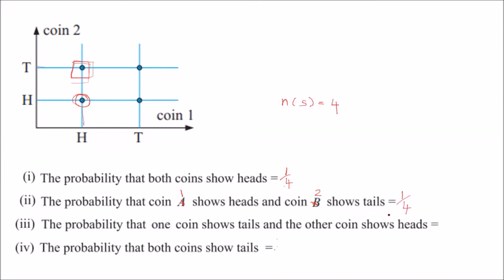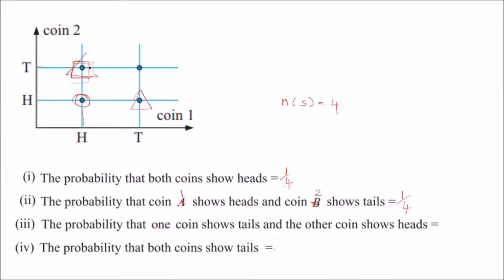Next one, the probability that one coin, not the first coin, one coin shows tail and the other coin shows head. How many events are there? One coin shows tail, anyone from these two. 2 events. Very good. In this one, from the first coin we get tail, second coin we get head.